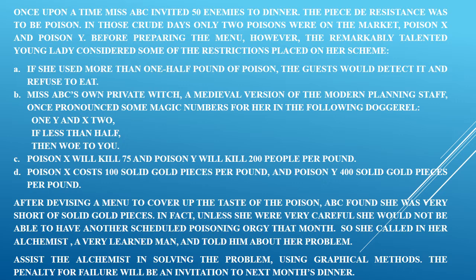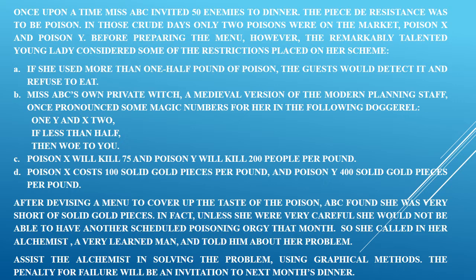Now, always keep in mind that this young lady wants to kill the enemies. That is the main objective, 50 enemies. So if you used more than 1/2 of a pound of poison, the guest would detect it and refuse to eat. So the plan should be such that the guest shouldn't detect it. So please note it down.